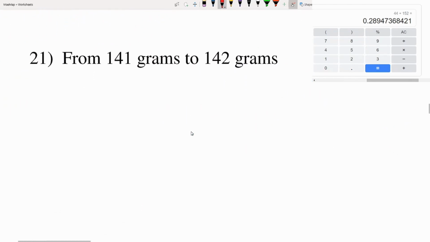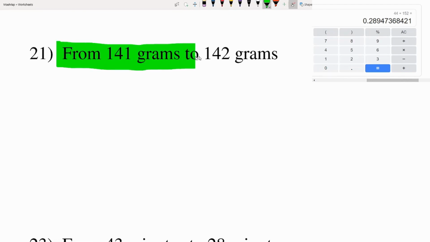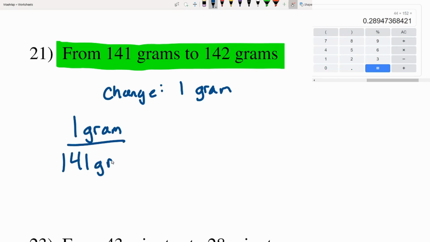21, we're going from 141 grams to 142 grams. Well, that's an increase. And what's that change? That's pretty easy to do right off the top. We're just changing by 1 gram. So our change, I'll write that as 1 gram. So we're going to take that change and put it over our original of 141.